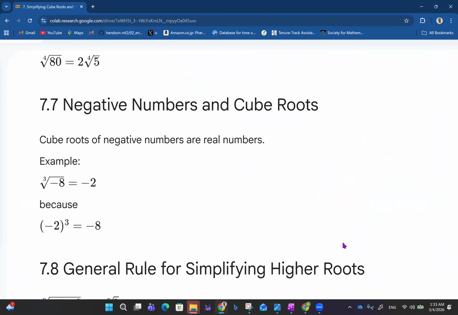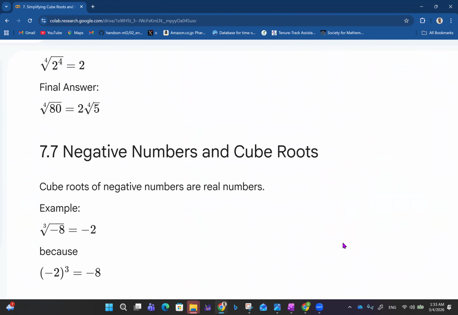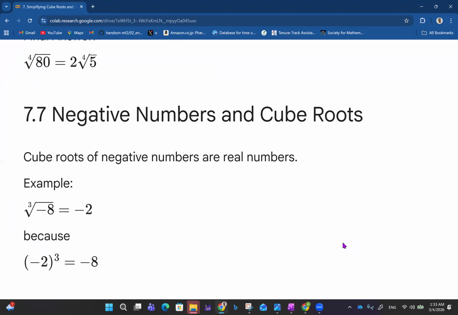Then we talk about negative numbers and cube roots. Cube roots of negative numbers are real numbers. Square roots of negative numbers are not real; they are complex numbers. But cube roots of negative numbers are real. For instance, the cube root of -8 is equal to -2, because -2 times -2 times -2 is -8.